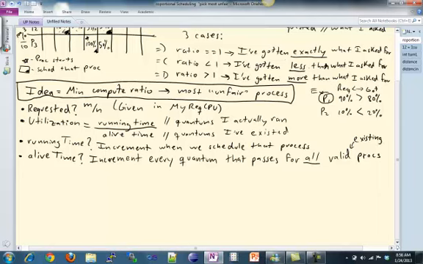So, all existing processes. Cool. Okay, so, now we're getting a bit more implementation heavy. Let's think about what we need to know about every process. Well, we need to know what they requested, right?